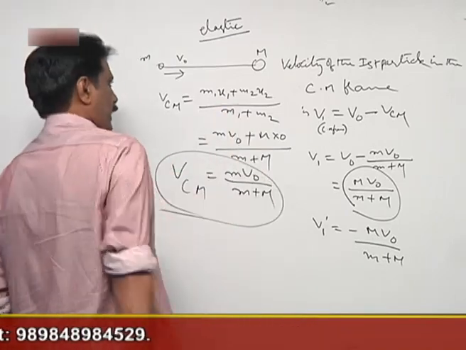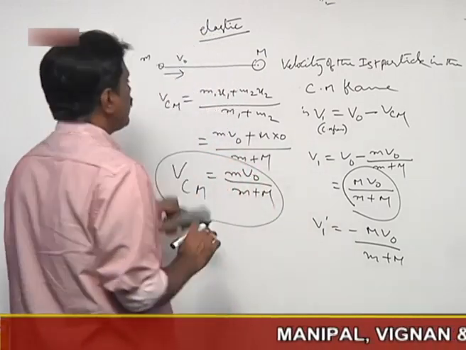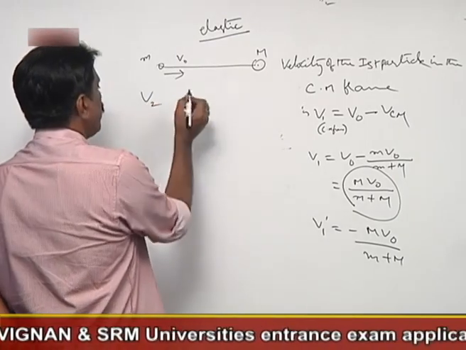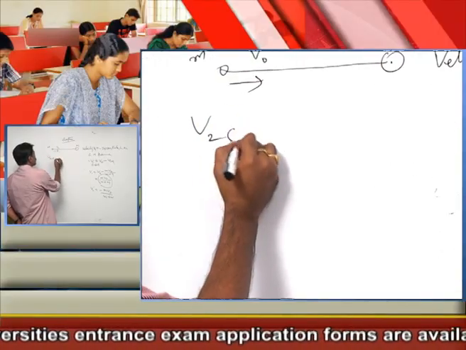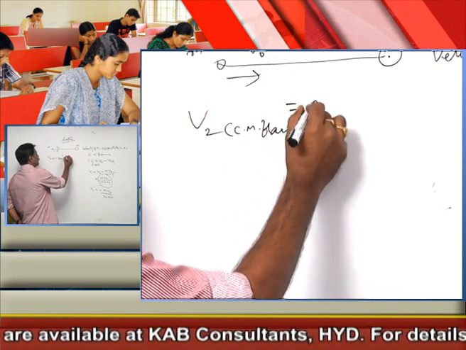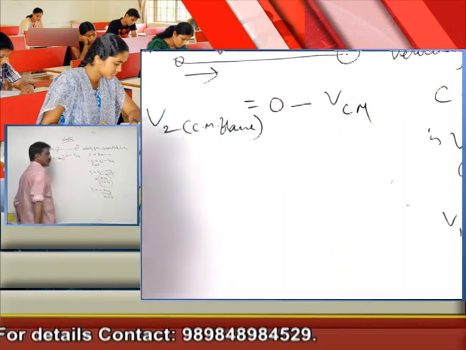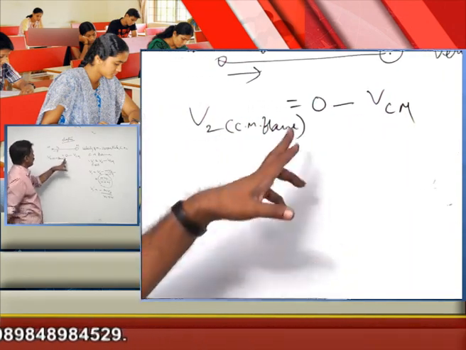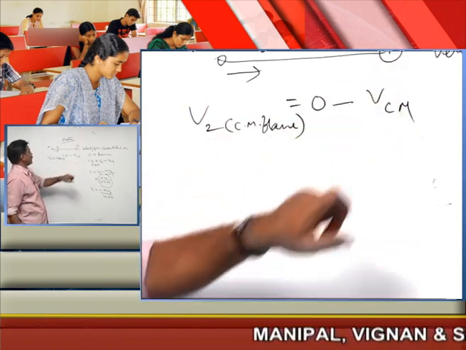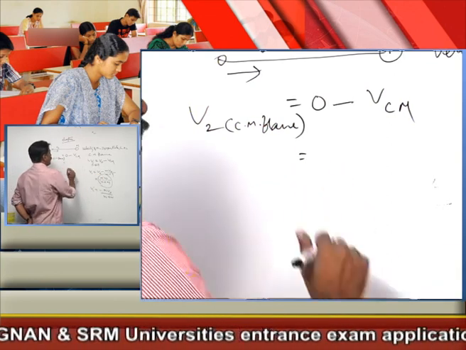Now for the second particle, initially it is at rest. So what is the velocity of the second particle in the center of mass reference frame? v2 in the CM frame is equal to its initial velocity 0 minus velocity of center of mass, which is m v naught by m plus m.